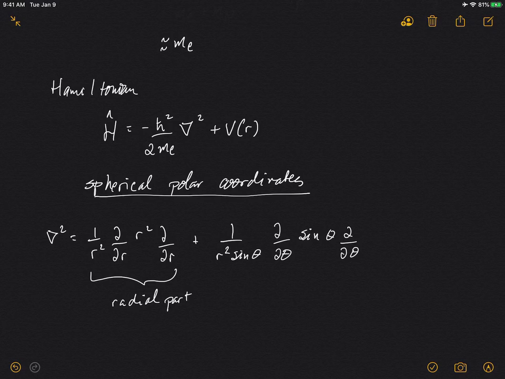That's the theta dependent part, and then we have 1 over r squared sine squared theta, or we could use parentheses around sine theta and square it, d squared d phi squared, where phi is the other of the two angles in spherical polar coordinates.